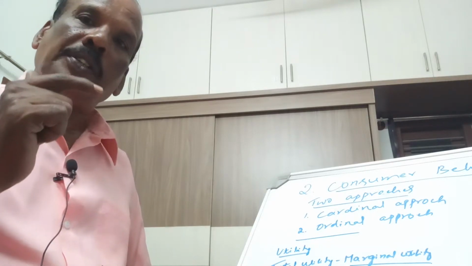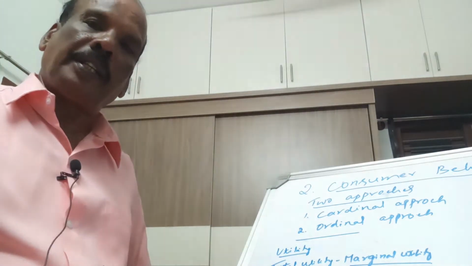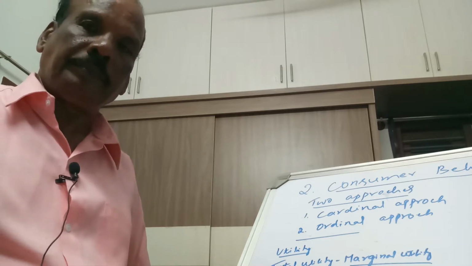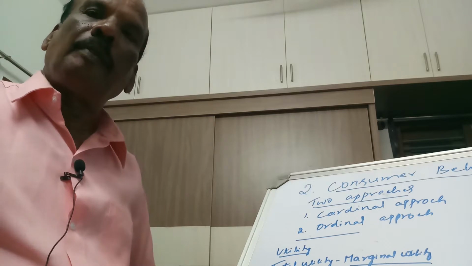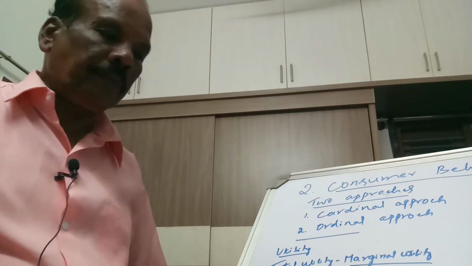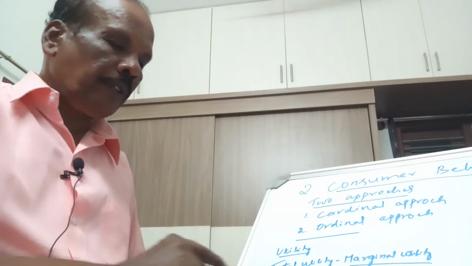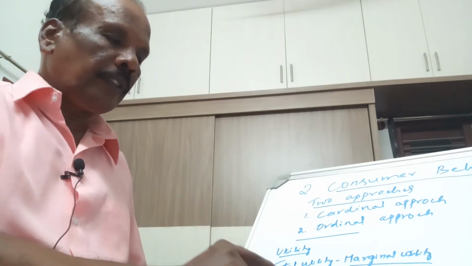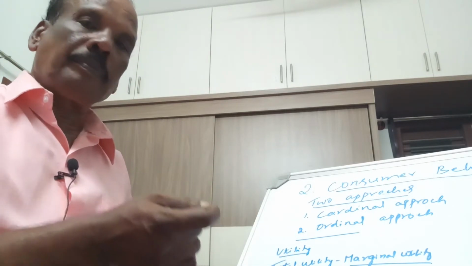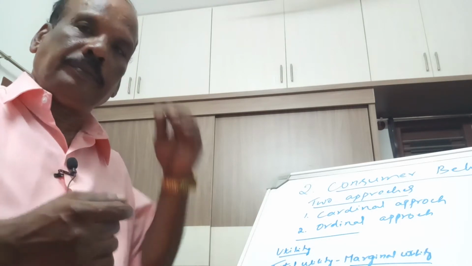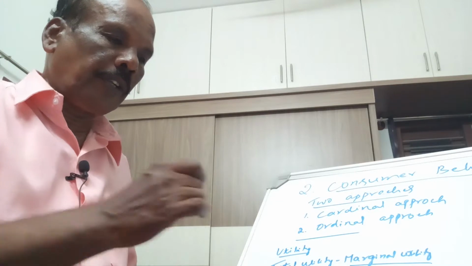Then, when marginal utility becomes negative, or when we find disutility, it starts falling. That will be made known while understanding the law of diminishing marginal utility. The formula of total utility is TU equals sigma MU. That means if you add all the marginal utilities, you will get total utility.